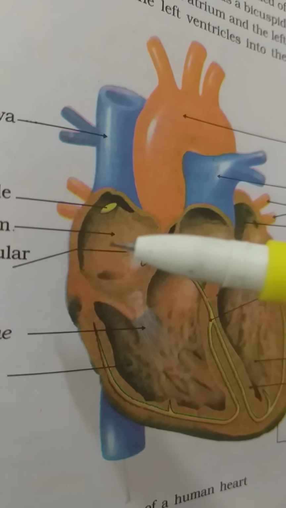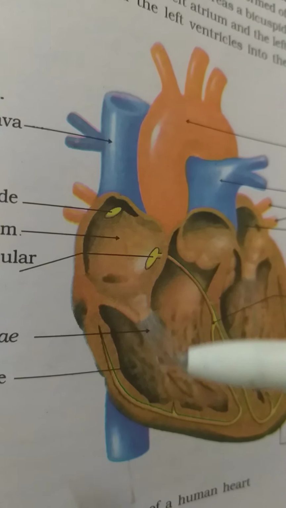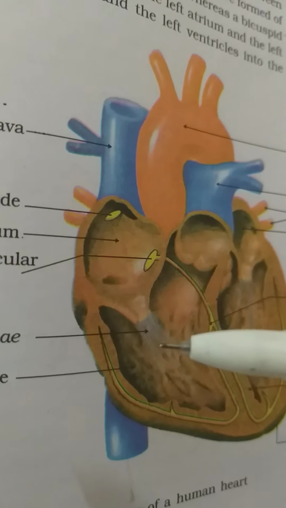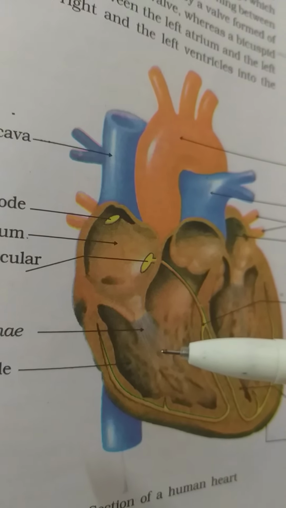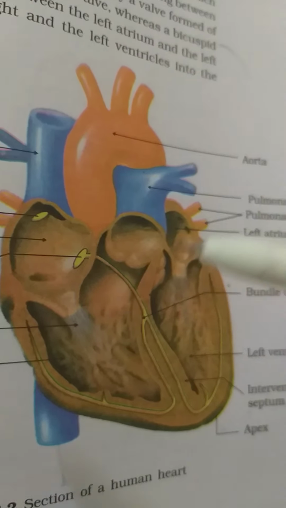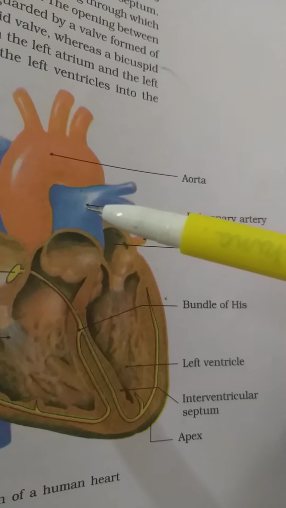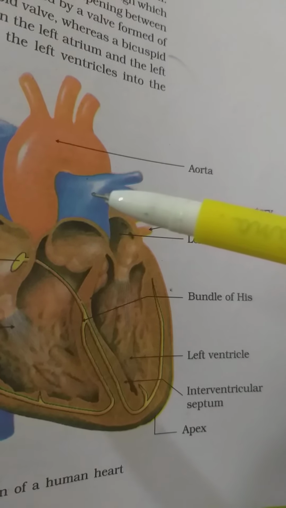From the right atrium, the deoxygenated blood is pumped into the right ventricle through the tricuspid valve. From the right ventricle, the deoxygenated blood is carried away by pulmonary artery. Pulmonary artery carries the deoxygenated blood to the lungs.